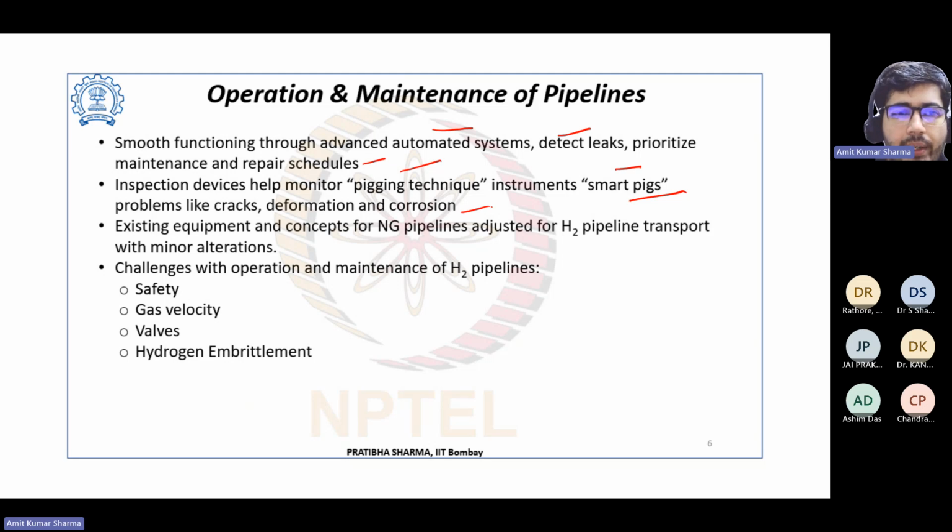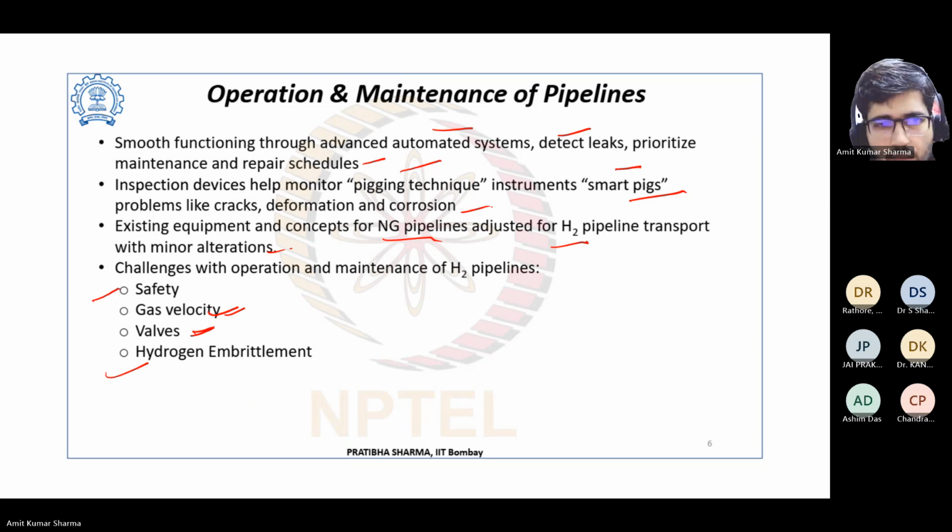Existing equipment and concepts for NG pipelines can be adjusted for hydrogen pipeline transport with minor alteration. But we will still have challenges for safety, gas velocity, walls and hydrogen embrittlement. Velocity will be different due to the density difference.